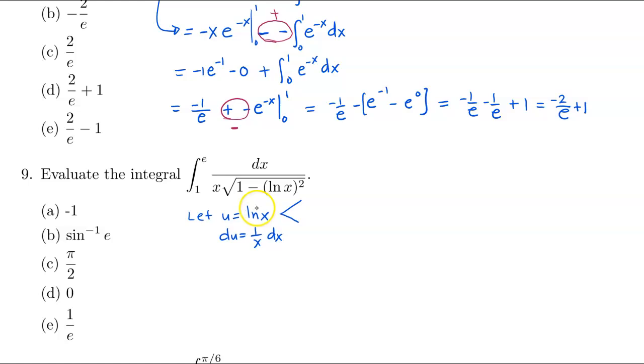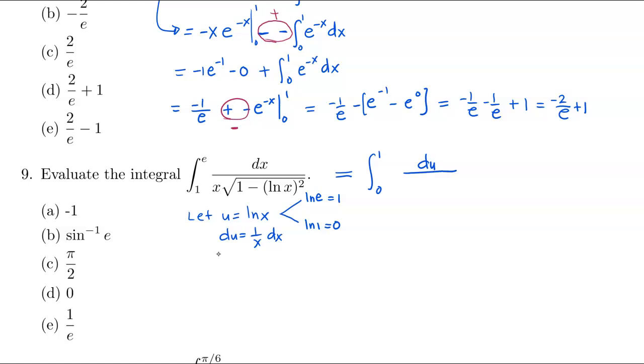So to compute for the new lower limit of integration, we have ln of 1, and that is equal to 0. ln of 1 is 0. And then the upper limit of integration will be ln e, and ln e is just equal to 1. So that means that this integral here will just be from 0 to 1, and then this dx over x is just du. So that is your du.